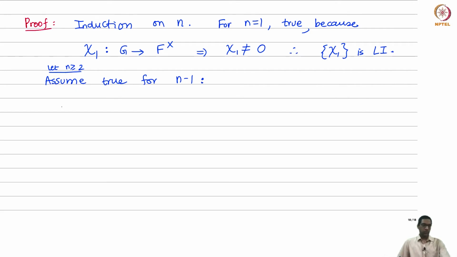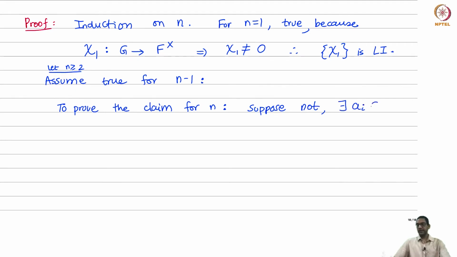Okay, so suppose not. So to prove the claim for n, let's proceed by contradiction. Suppose not. What does that mean? It says that there exists some linear combination which is 0, right?